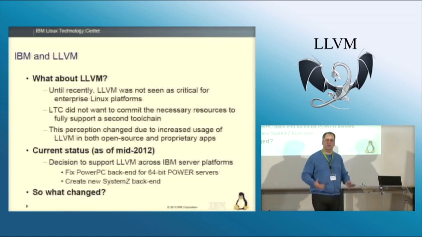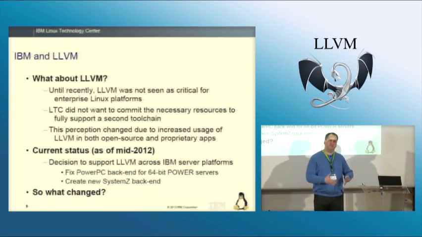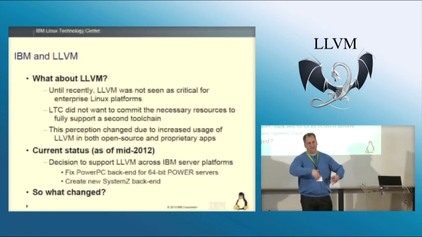It takes quite a bit of effort in developing, in testing, in doing performance work, performance analysis, all that kind of stuff. We know how much work it is because we do this for GCC. And in some cases, within IBM overall, not within the LTC, we also have our own proprietary compiler, so we already have two.